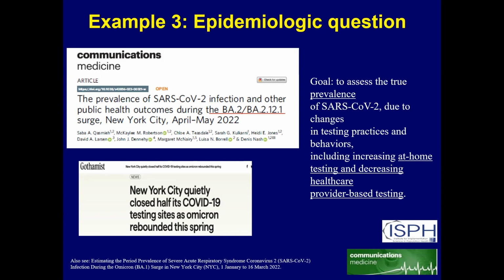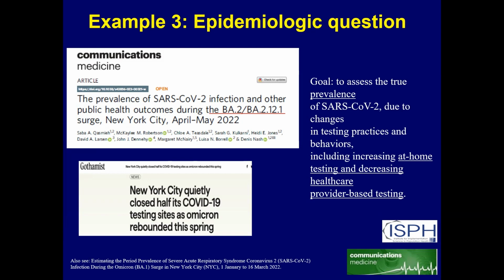After the two examples exploring causal effects, the last example of this session is going to answer a question about surveillance of prevalence. In this paper, Saba Krasmin assessed the true prevalence of SARS-CoV-2 given changes in testing practice and behaviors, including increasing at-home testing and decreasing healthcare provider-based testing.